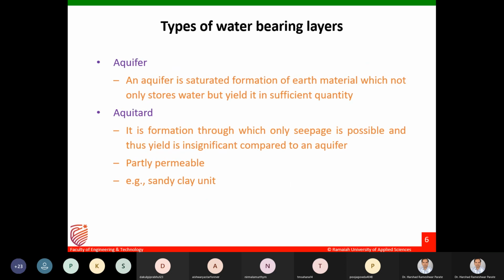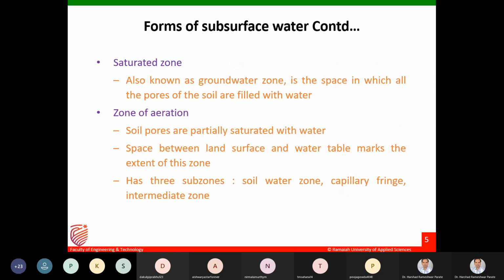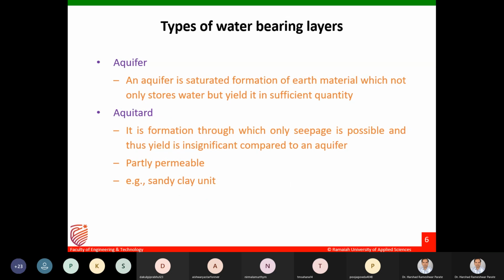Now let's talk about the types of water bearing layers. This layer, the saturated layer, we commonly call an aquifer. There are different types of aquifers. The common one we call just an aquifer. It's a saturated formation of earth material which not only stores water but yields it in a sufficient quantity.